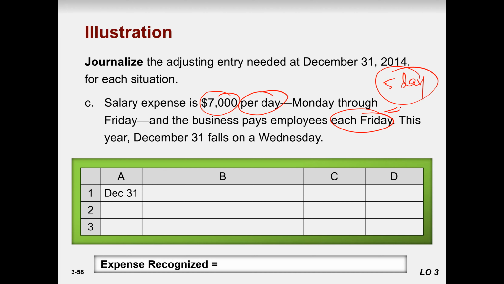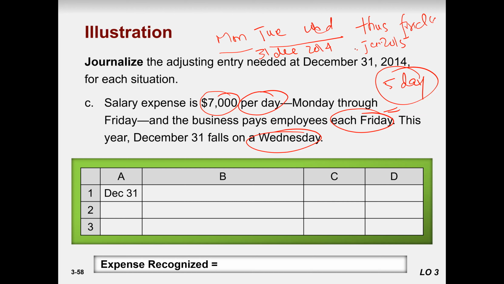But this time the 31st of December falls on Wednesday. So Monday, Tuesday, Wednesday, this belongs to 31st of December 2014. And Thursday and Friday, it belongs to 2015 January.